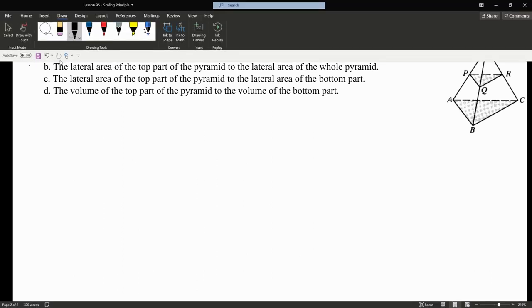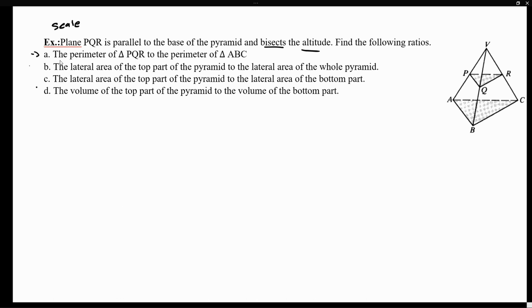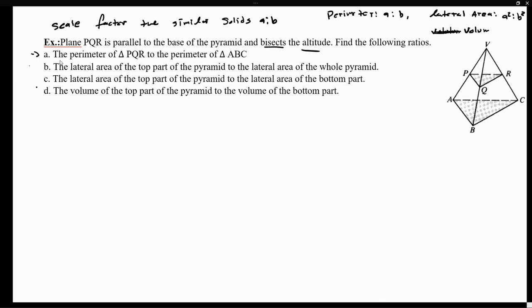So remember that the scaling principle says, if the scale factor of two similar solids is A to B, then the perimeter is still A to B. The lateral area is A squared to B squared, and the volume is A cubed to B cubed.